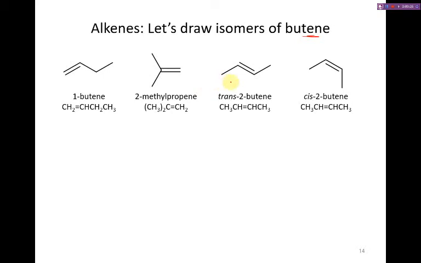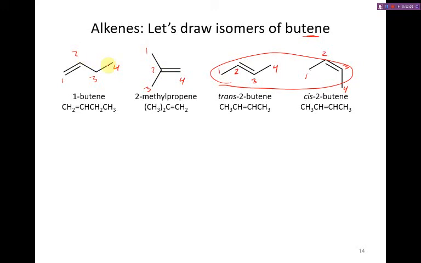However, when you take a look at these, if we were to label these as carbon 1, 2, 3, and 4, we see that in the first 2 cases we have different bonding patterns.